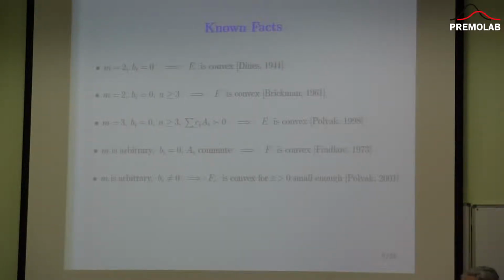And of course, a linear map of a ball is an ellipsoid, so it's convex. And an ellipsoid cannot lose convexity after small perturbations. Okay, so these are mainly the known results when we can guarantee convexity of the image.